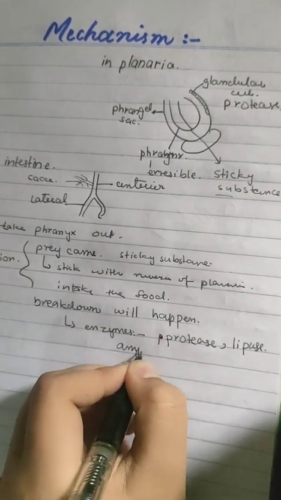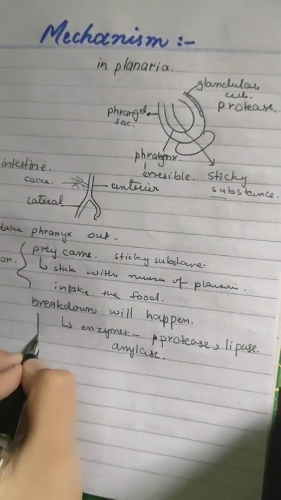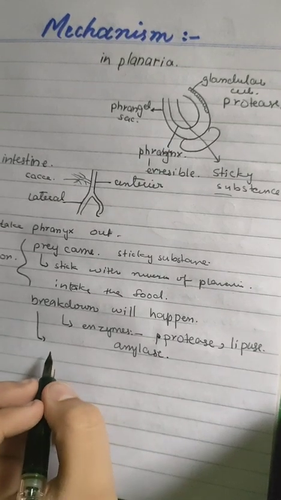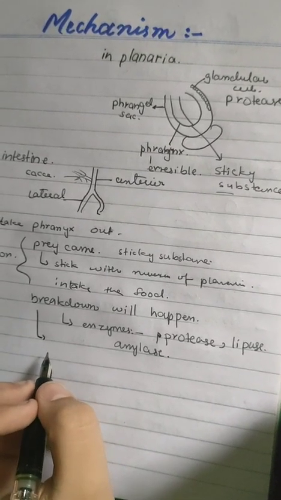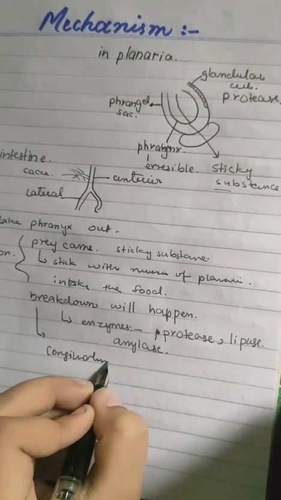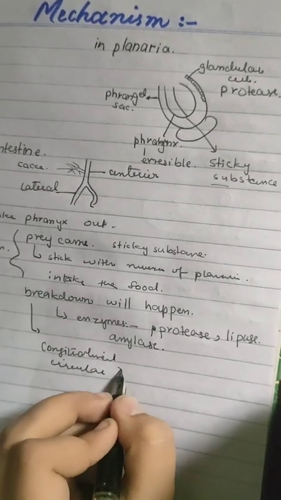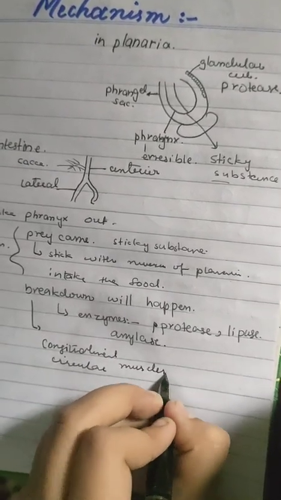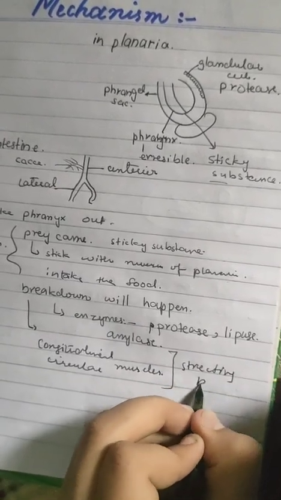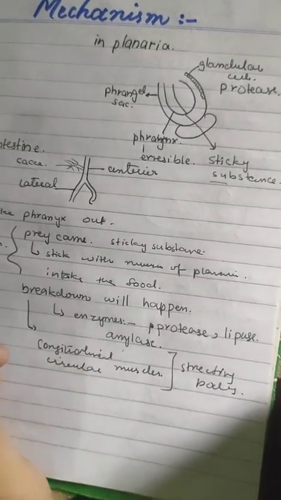Amylase is also present here, however amylase was absent in hydra. The main muscles will help in the breakdown, which arise from the epidermis, as I told in the previous video, that are longitudinal and circular muscles, which help in stretching the body, but the enzymes will help in the digestion of food.